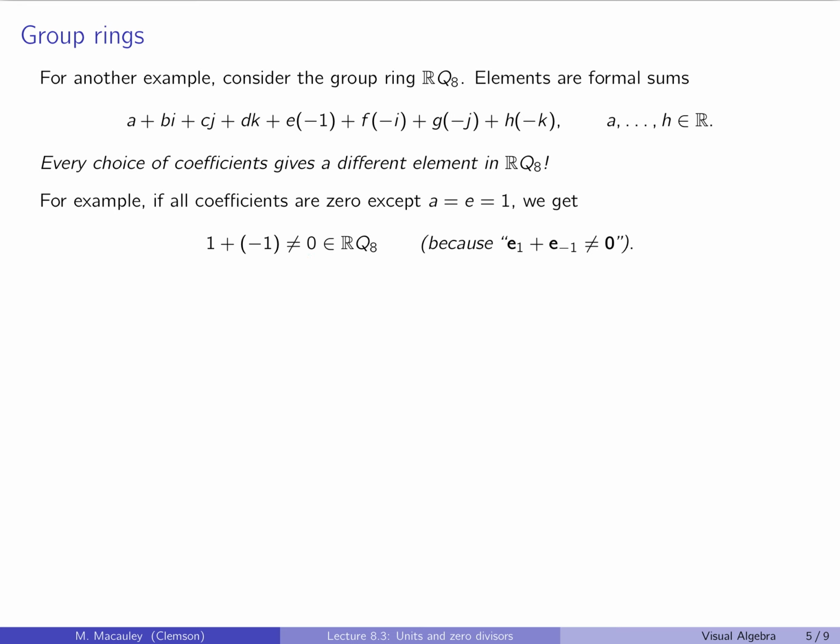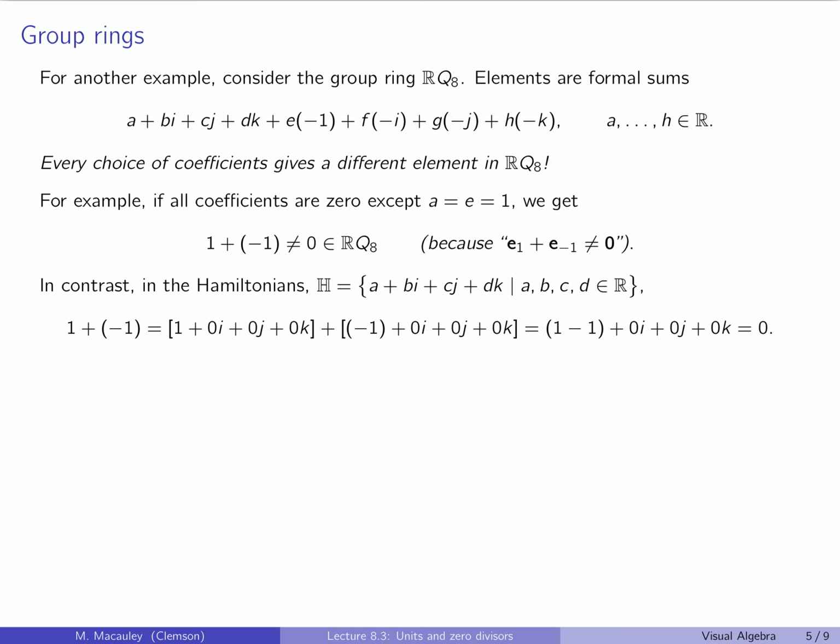This is why it's useful to think about things like this with that basis vector analogy. So you can think about 1 plus negative 1 in the group ring as e_1 plus e_negative 1, and that is different from just the 0 vector.